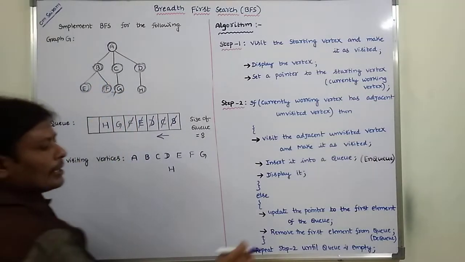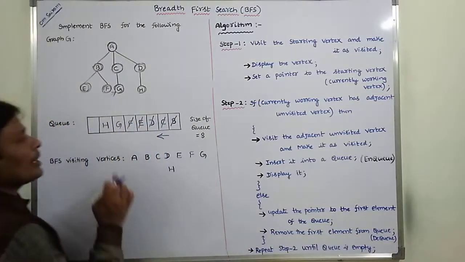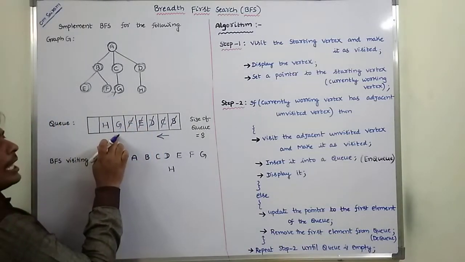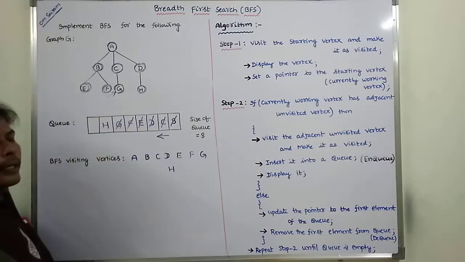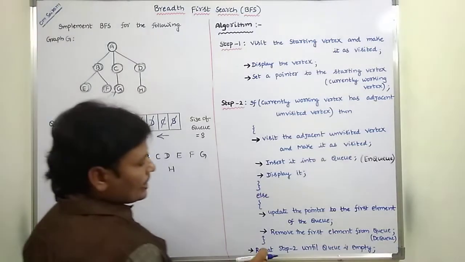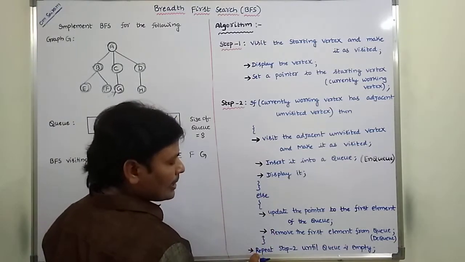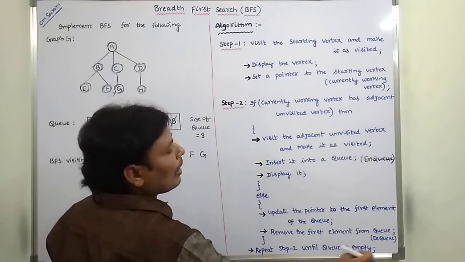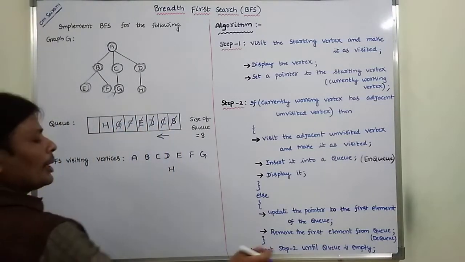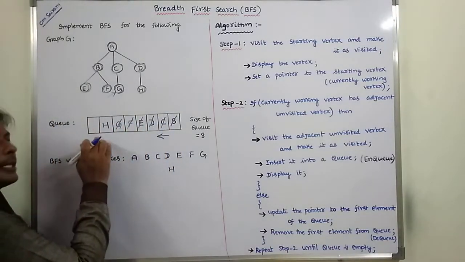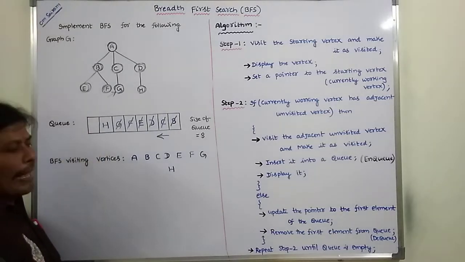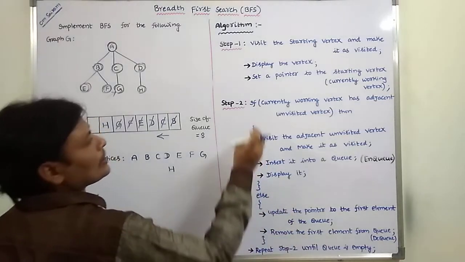Next, remove the first element from the Q. In the Q, the first element is G. G can be removed. Next, after the else block, one statement is there. Repeat step 2 until Q is empty. Is Q empty? No. In the Q, vertex H is there. So then go to step 2.